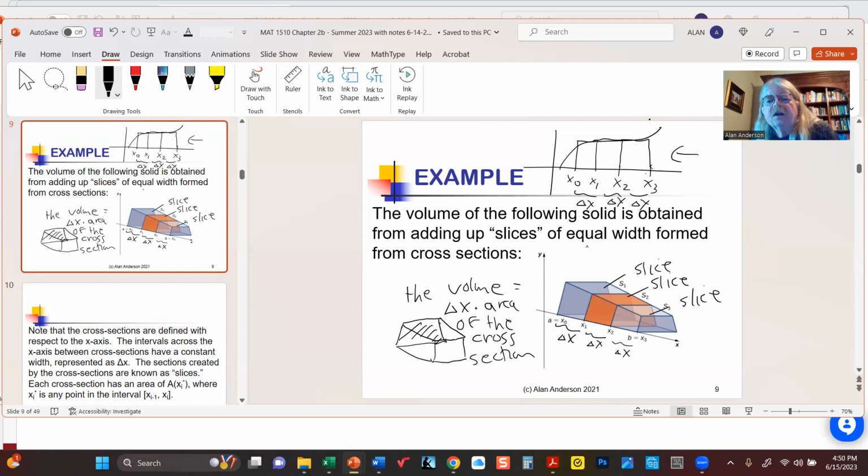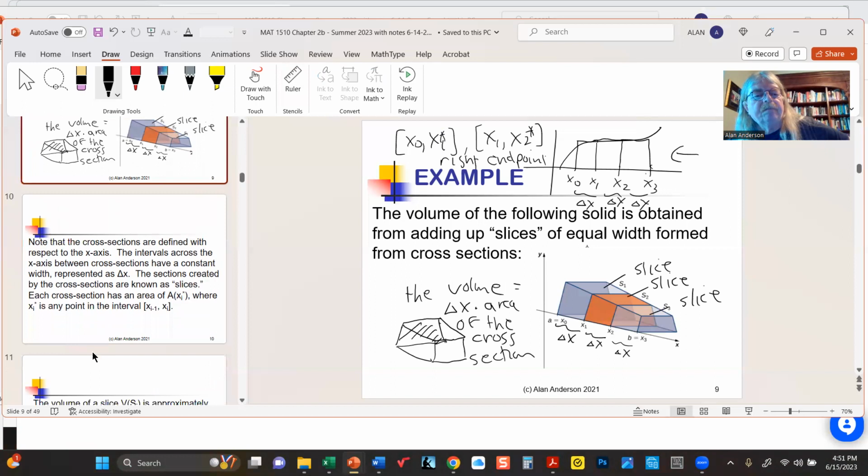So here I was trying to draw it with the right point method. So that means within this interval, it would be designated like this. Anyway, that explains the notation you're about to see.